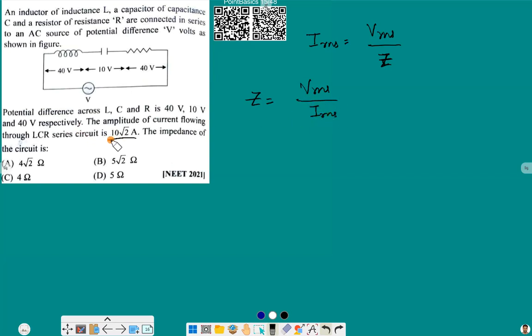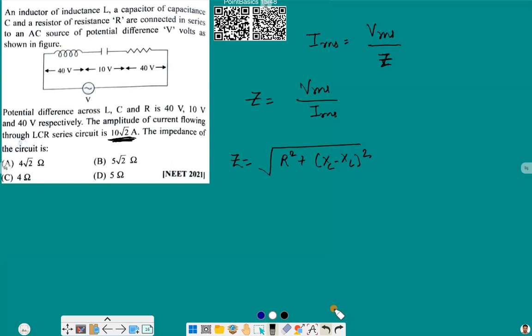Now value of Irms we have, that is 10 root 2. We have to find the value of Vrms, and that we can do as we have the formula for impedance, that is under root R square plus XC minus XL square.